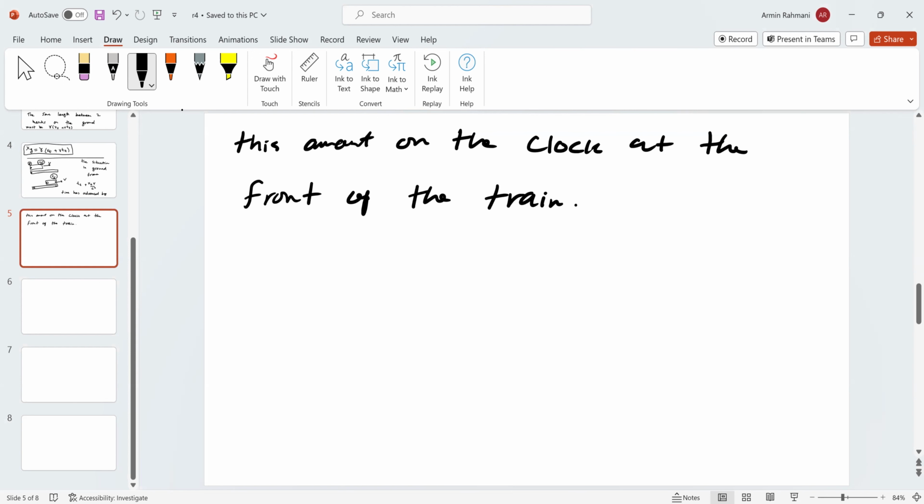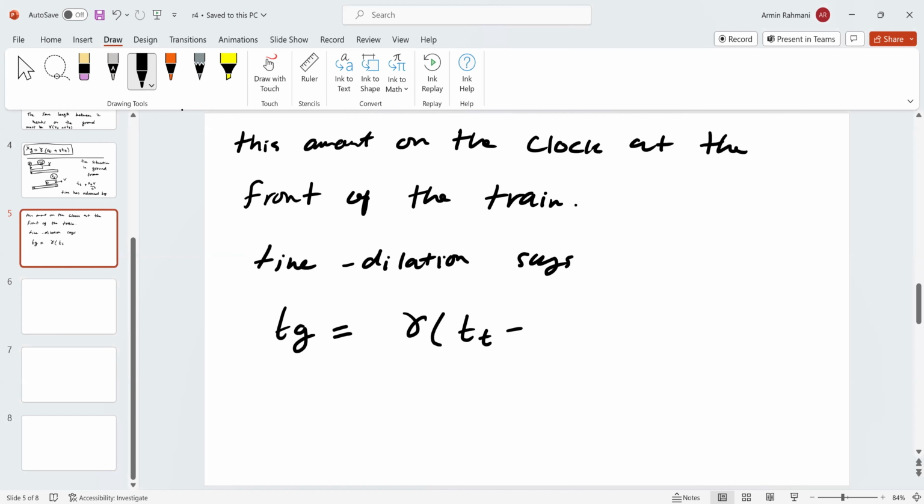It's the time in that reference frame. So then the time on the ground must be larger by a factor of gamma because of time dilation. So then time dilation says Tg is gamma times that quantity.